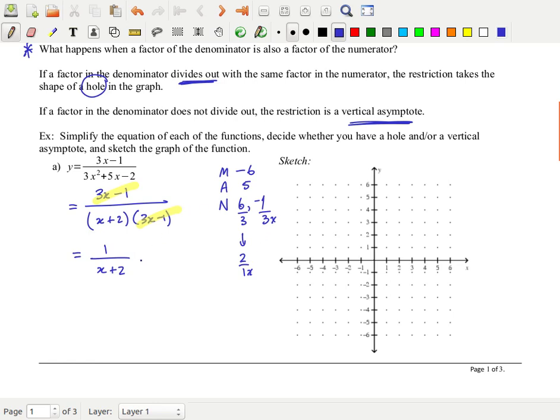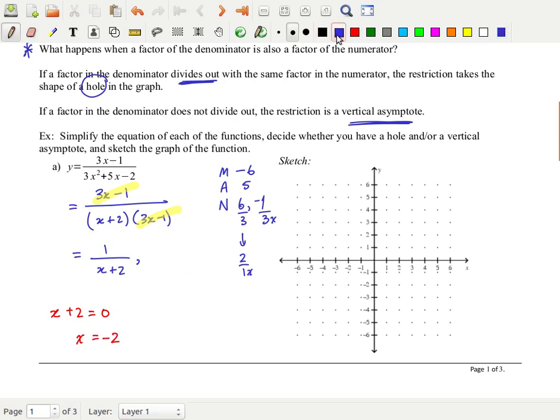And then the other thing I need to remember are my restrictions. Now there's a restriction right here. X plus 2 is in the denominator. That means we're worried about when x plus 2 equals 0, and you can see that that occurs when x is equal to negative 2.